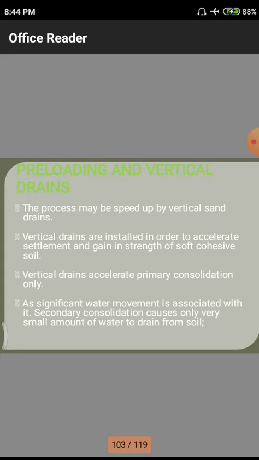You may have a little bit of confusion, and I will clear it. Normally vertical drains are used to remove the water present in the soil, using sand as the major material in the drains.